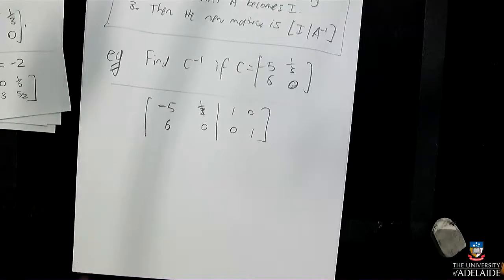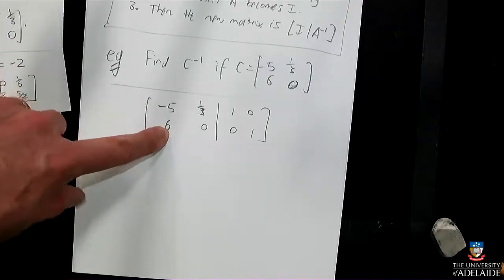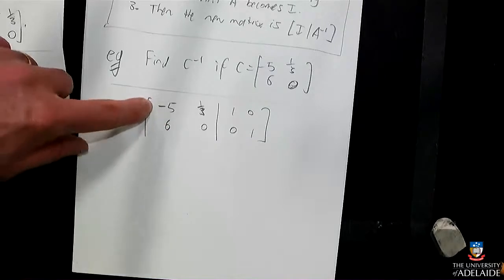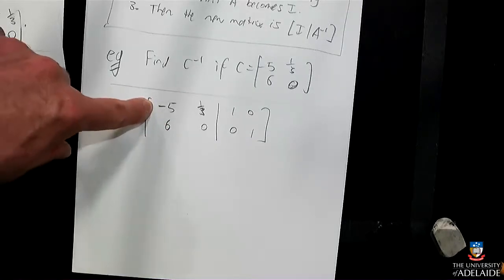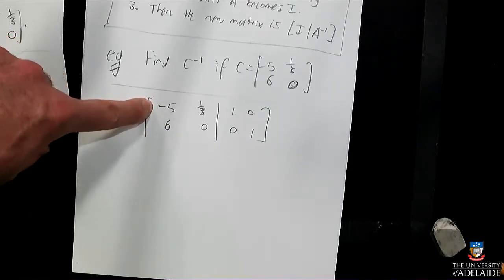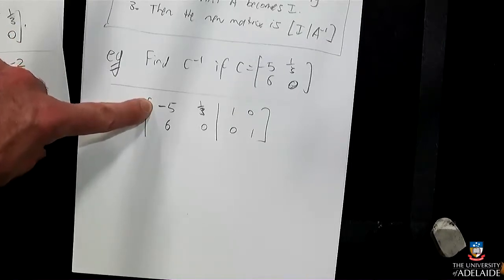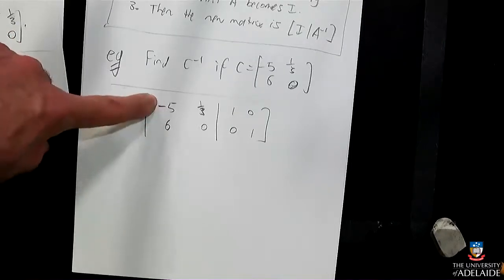So my goal is for this to be the identity matrix here. Well, the quickest way I know to get an identity matrix in that spot would be to put a 1 here and a 0 here. Now, to get a 1 in this spot, I could divide, like I could times by minus a fifth, and that'd be okay. I could also add this onto there, and that would get a 1 in that spot as well, so I might do that first.